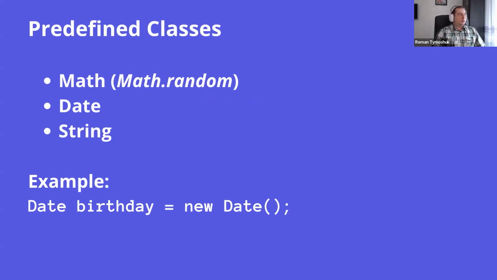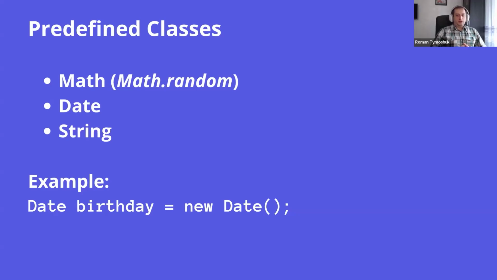So we can expect this class to have helper methods or manipulations related to mathematical operations. The same thing relates to dates. As an example below, we can have a birthday and define it as a new object. Birthday is actually a precise day when you were born, but Date is a class.